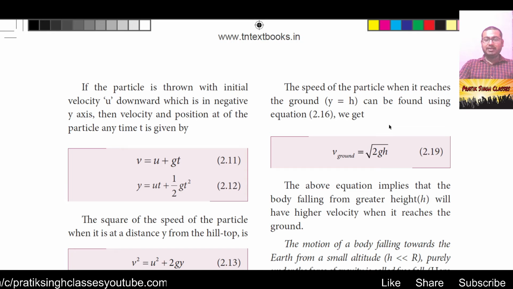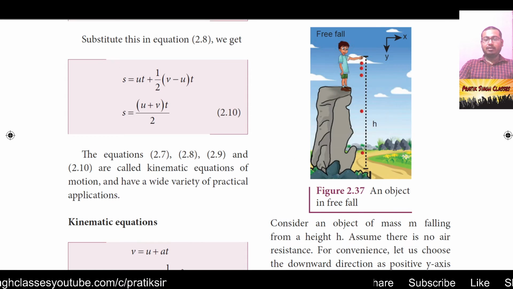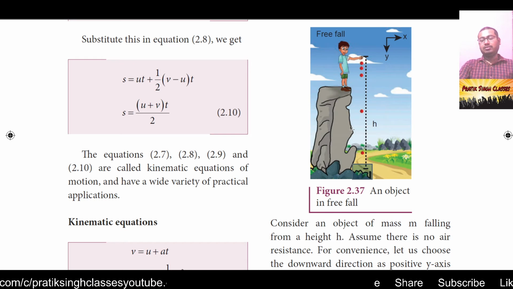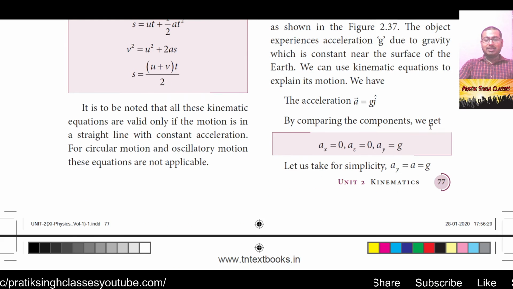Fine. The speed of the particle when it reaches the ground, that means when the ball is about to touch the ground, what is its speed? You can imagine that when the ball is dropped from the boy's hand, as it moves down, the velocity keeps on increasing because of the acceleration.